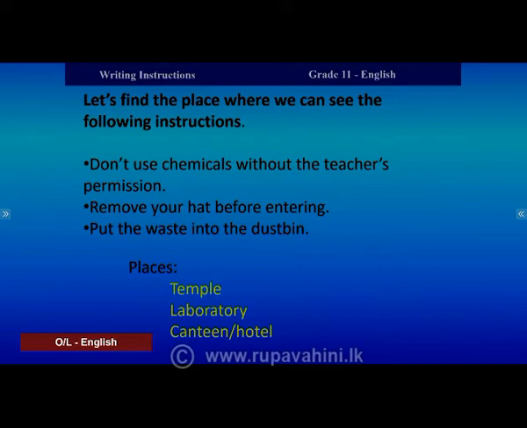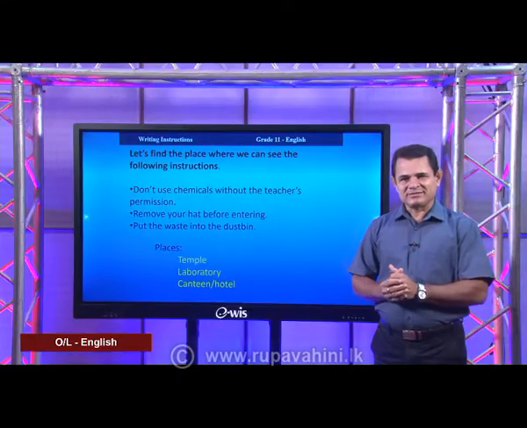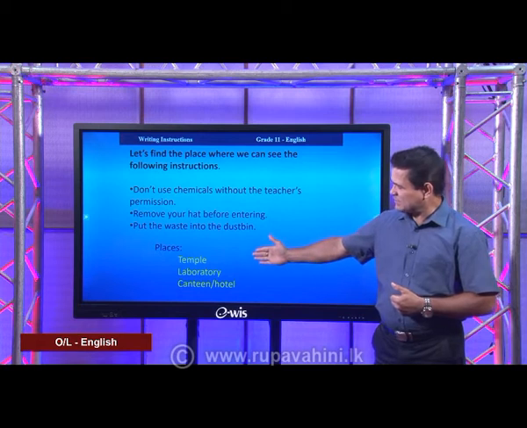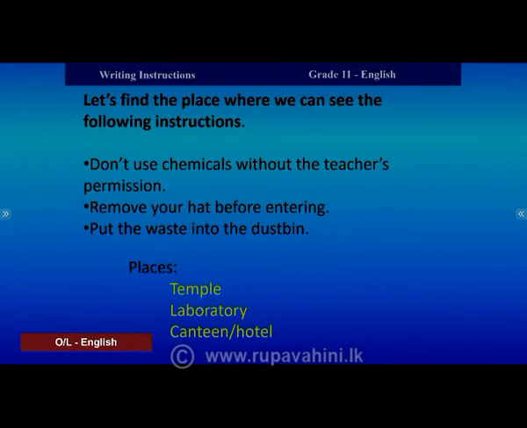The instructions here, first one, don't use chemicals without teacher's permission. And remove your hat before entering. Put the waste into the dustbin. So there are some instructions given and the places given: temple, laboratory, canteen or hotel.